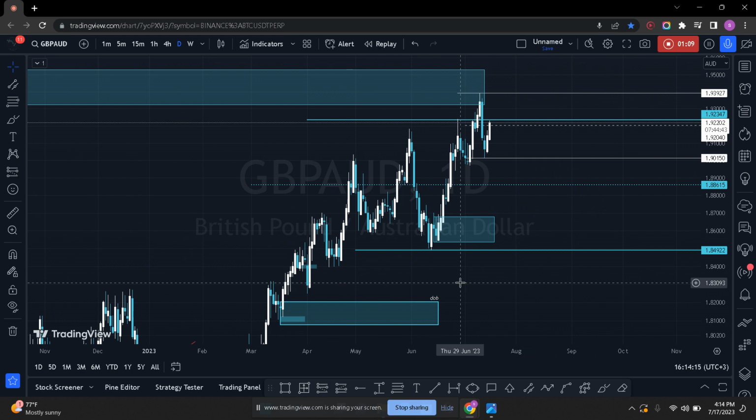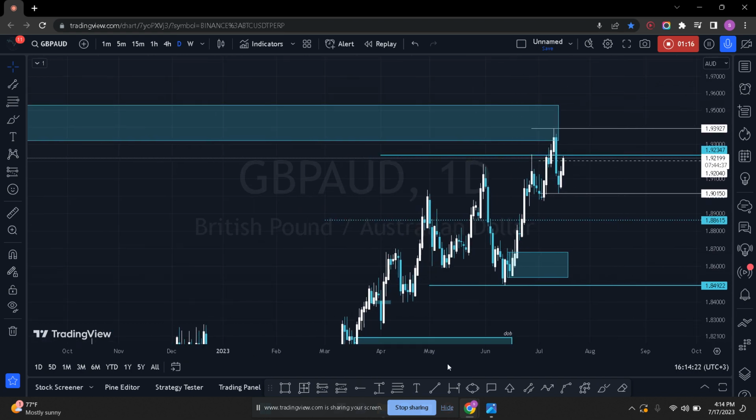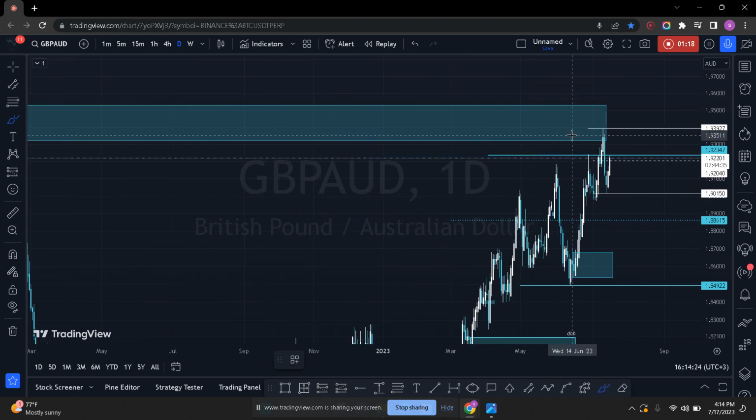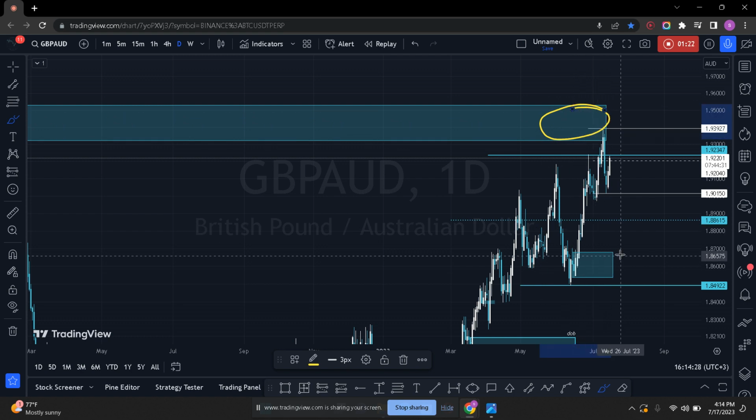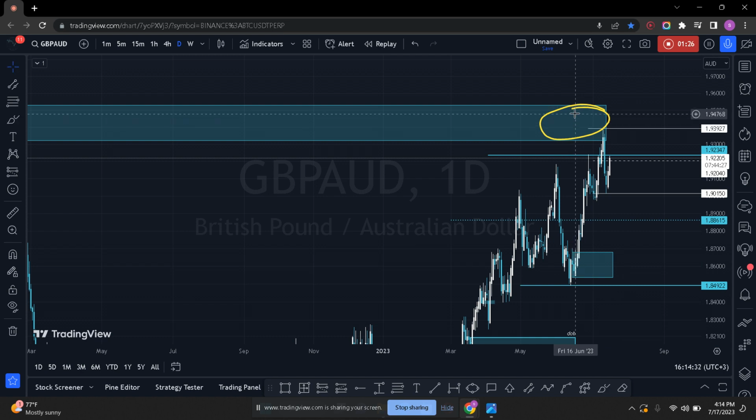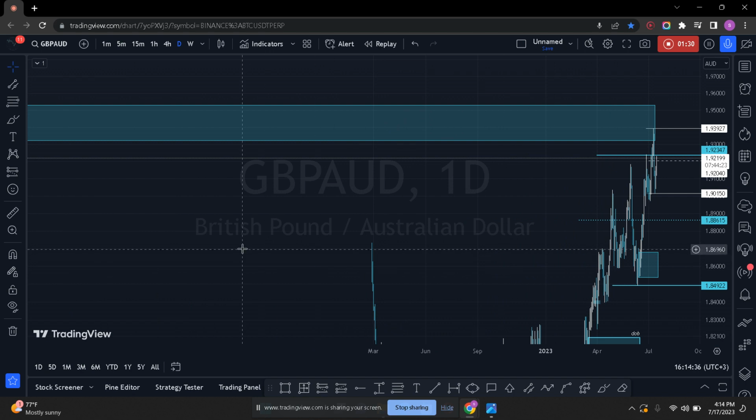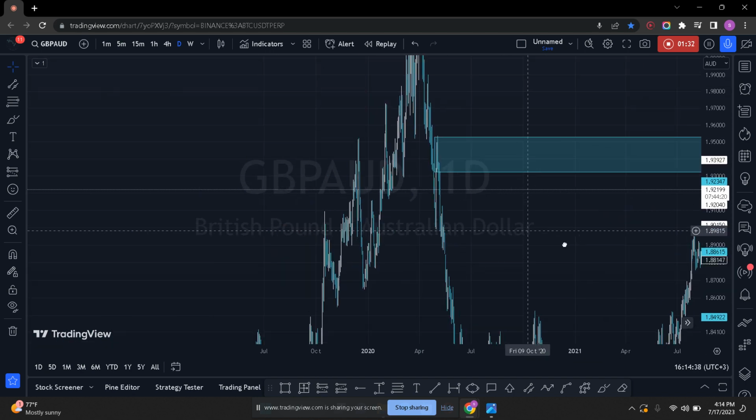So I zoom into the daily, and on the daily time frame is where I look for my points of interest. These are zones where I'm likely to take a trade depending on the price action at that particular level. So right here you see there's a blue rectangle, that zone, and there's also this other zone right here. So these zones originate from origins of aggressive moves of the price.